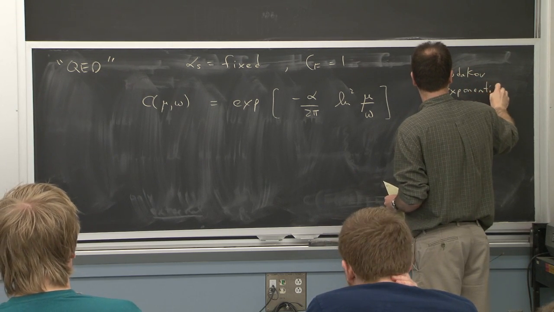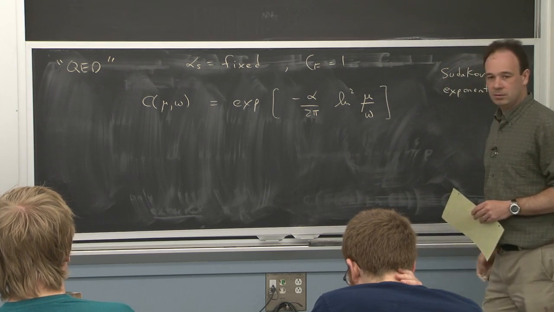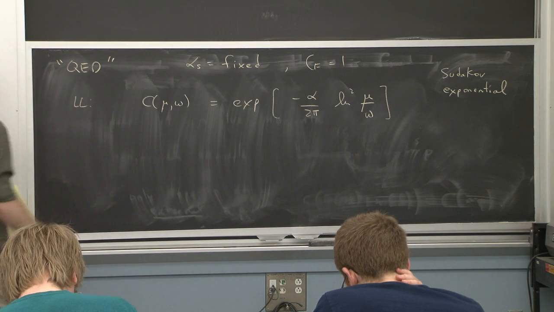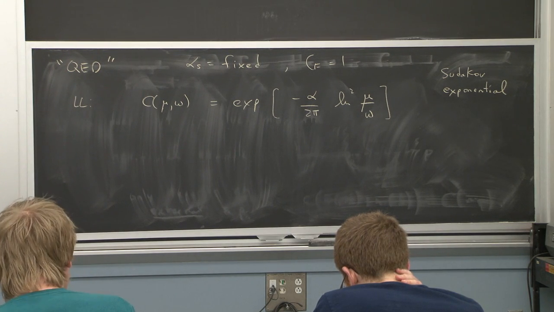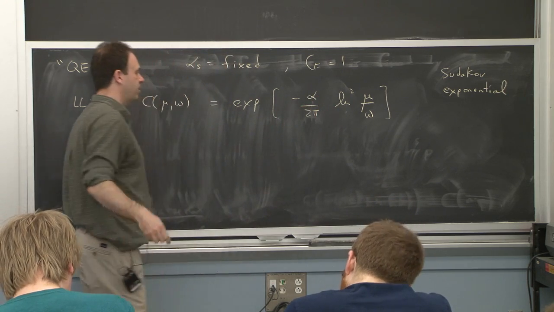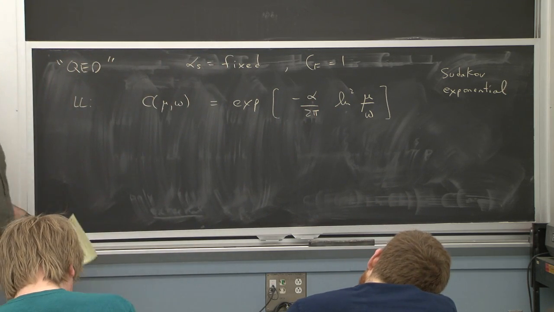And this is what's known as a Sudakov exponential, the leading log Wilson coefficient. The leading log Wilson coefficient is the sum of these alpha times double logs. So if I expanded this out, I'd have an infinite series where for each pair of logarithms, I get one coupling.